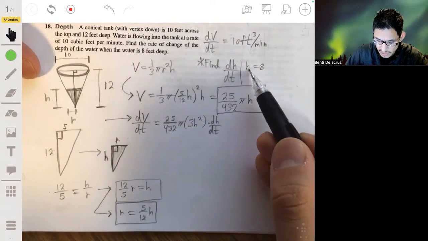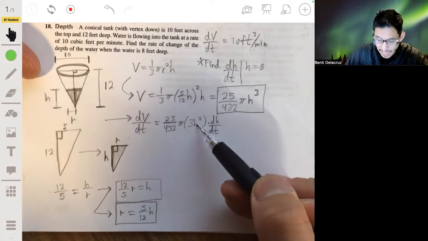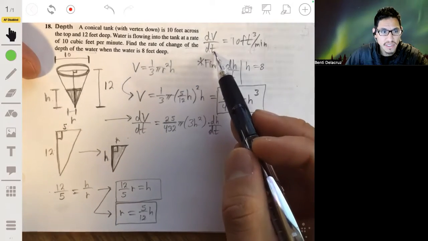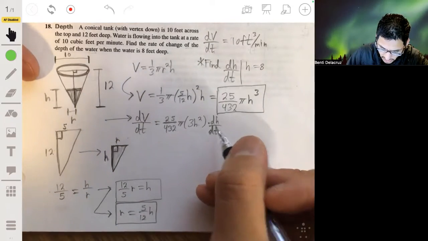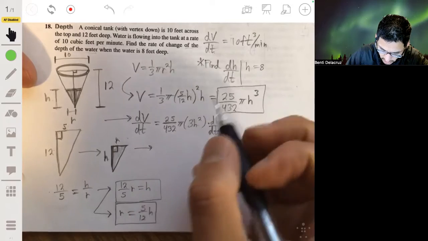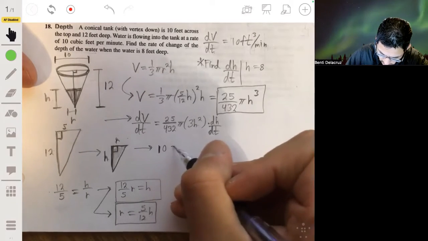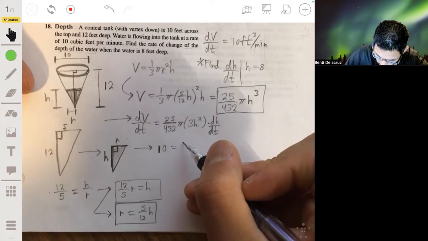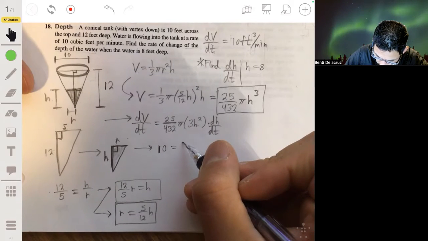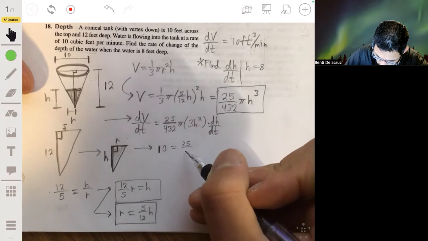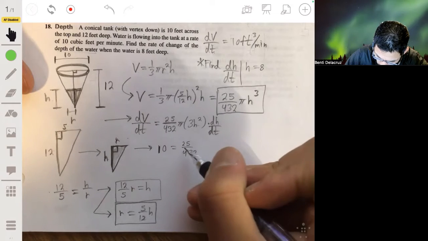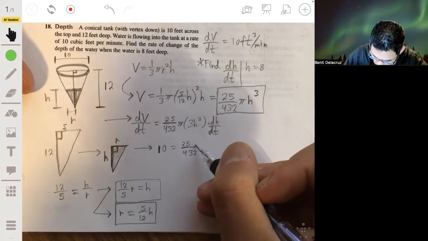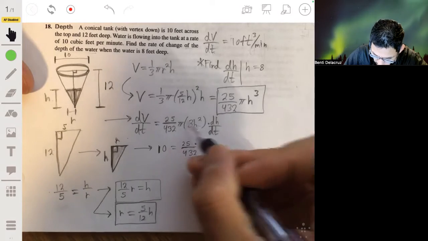So we plug 8 in for h, and 10 in for dV over dt, and solve for dh over dt. Working this out, we get 10 equals 25 over 432, I'm going to put the pi afterwards.